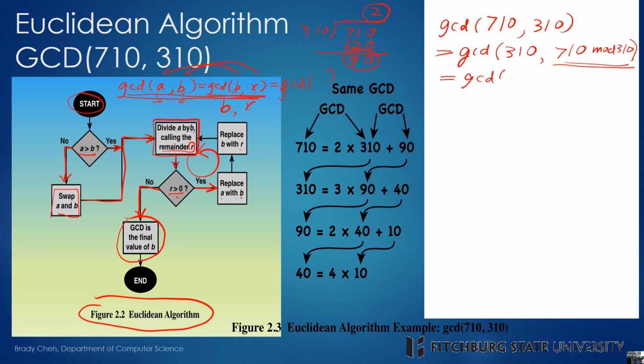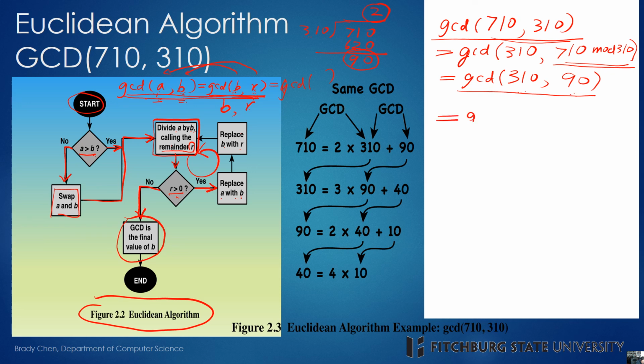So this is the same as GCD of 310 and 90. We turn the original problem into the same problem with smaller numbers. Of course, it should be easier to calculate the greatest common divisor of 310 and 90 than 710 and 310, right? Now we can repeat this process.